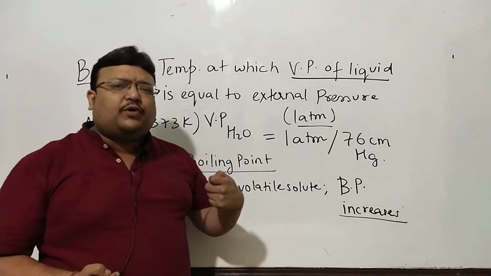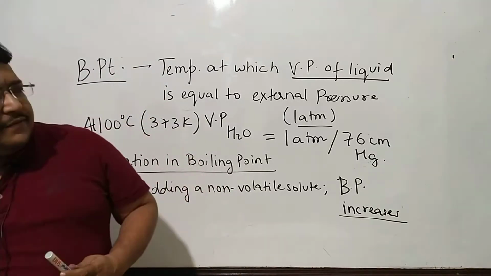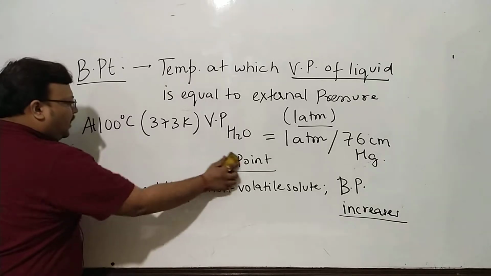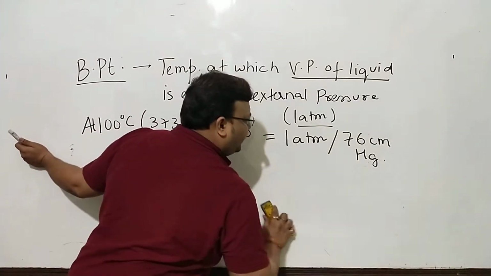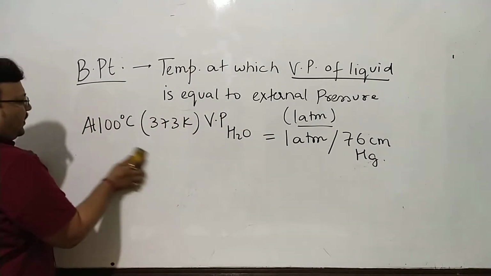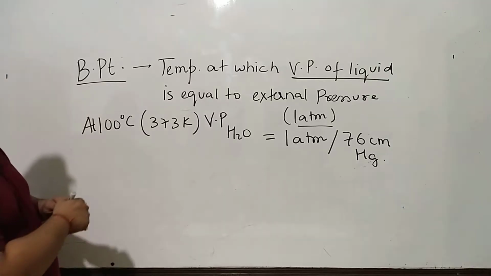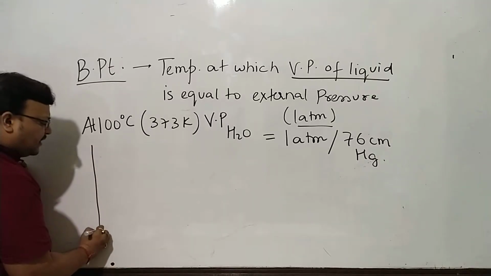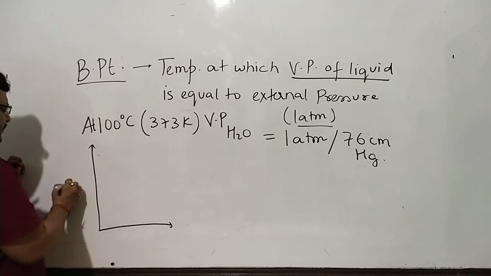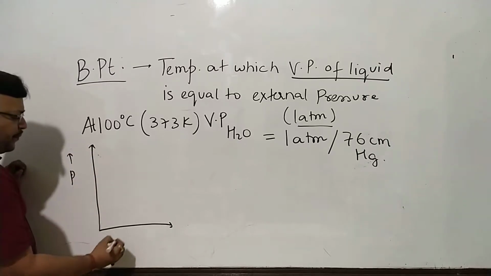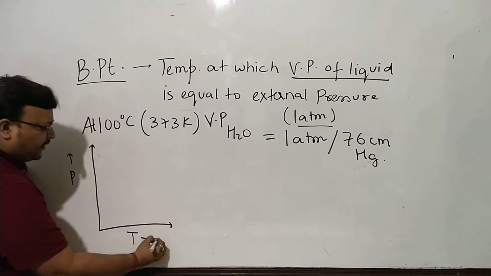It will need higher temperature for the vapor pressure of the solution to reach 1 atmosphere. Now all of this could be very beautifully explained graphically. So let's plot a graph where we are plotting the vapor pressure, which like any kind of pressure is proportional to temperature.